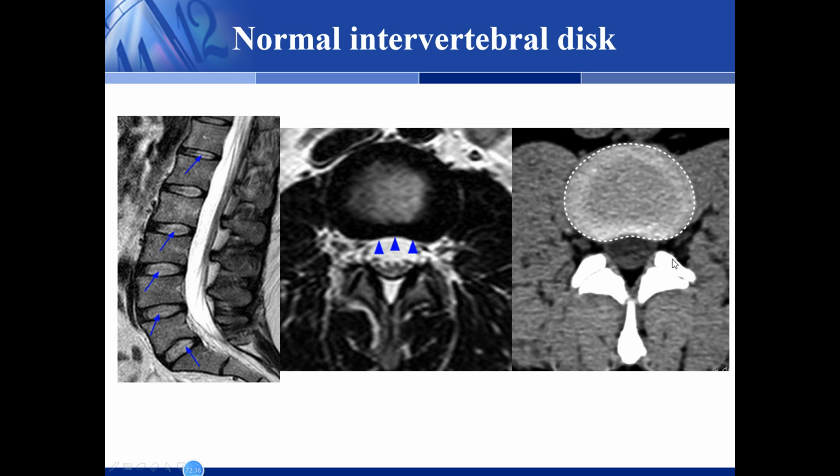Here is a CT axial view, and here is the spinal canal, and the disc is in the vertebrae, and the shape is like the vertebrae, and didn't go out of the vertebrae.